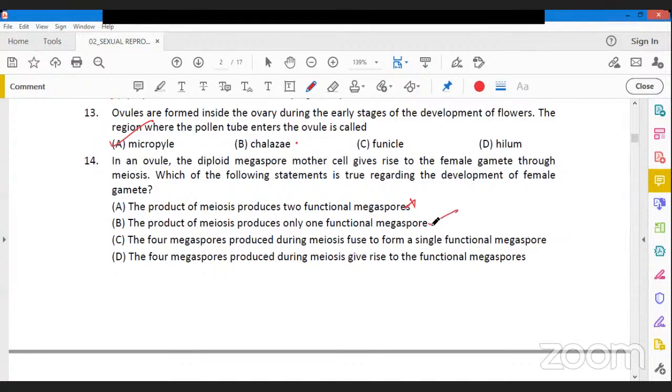True, because three will degenerate and only one will remain. Four megaspores are produced during meiosis and fuse to form. Wrong, they don't fuse. Four megaspores are produced during meiosis and give rise to a functional megaspore. Wrong. There is only one functional megaspore that is produced.